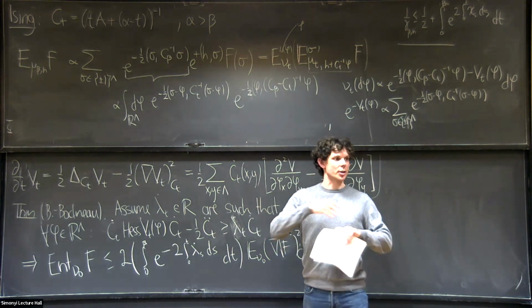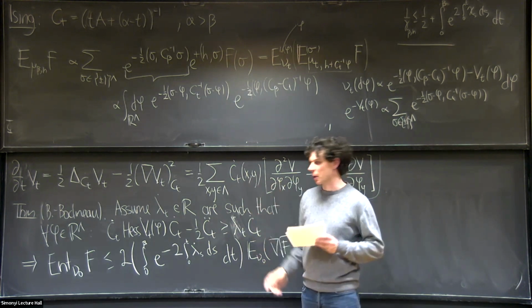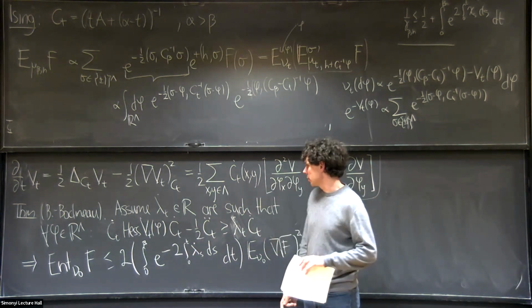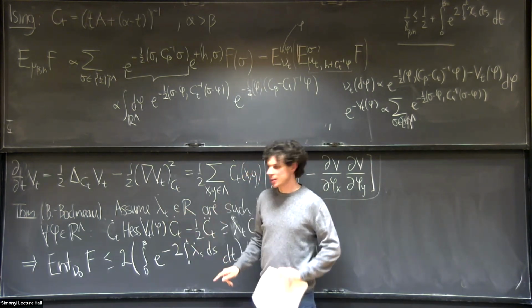It uses a certain decomposition in terms of a semigroup, which is essentially the Glauber semigroup. But it requires a global convexity assumption. We don't want a global convexity assumption because our measures are just not convex.